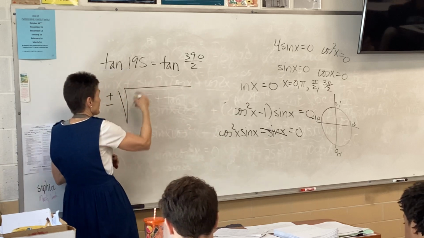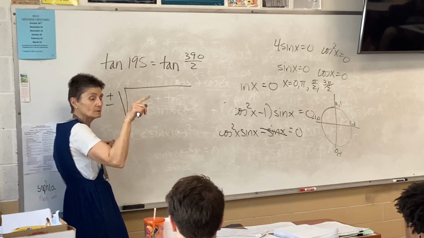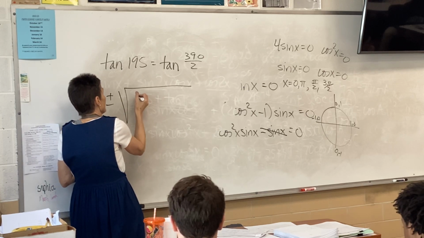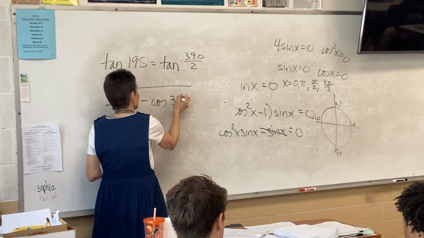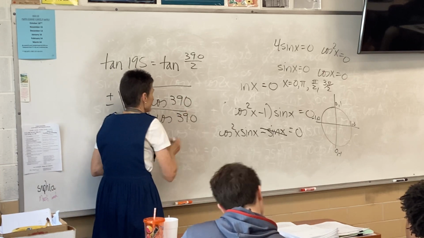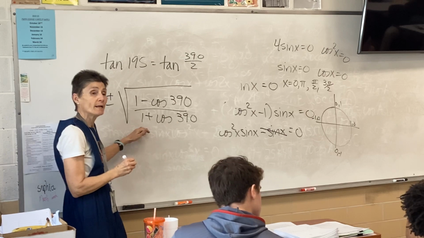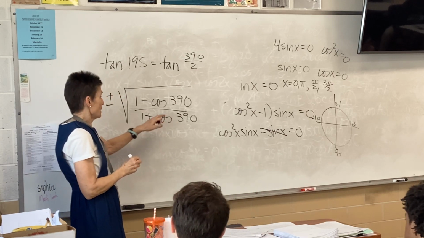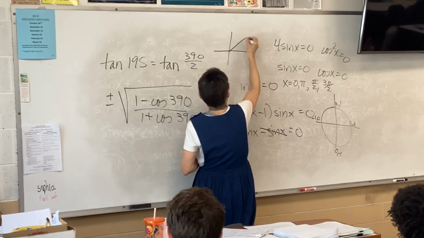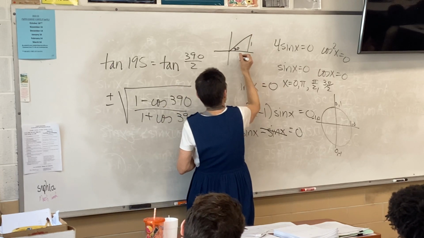There's lots of options for tangent half angle. There's choices you can have for that one. 1 minus cosine 390 over 1 plus cosine 390. So this would be one option. 390 is the same as 30, right?